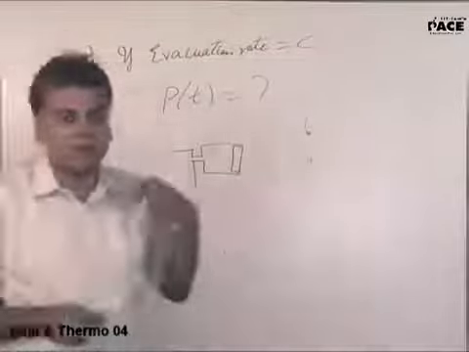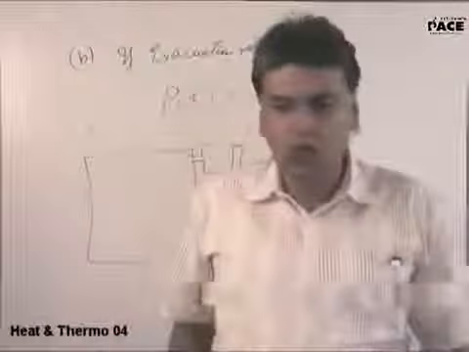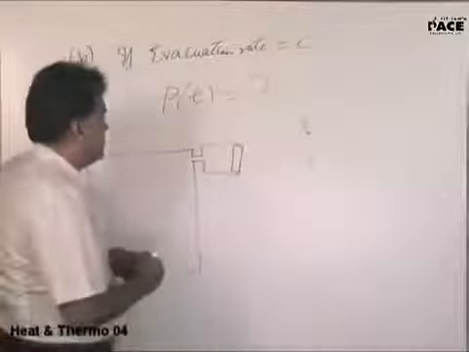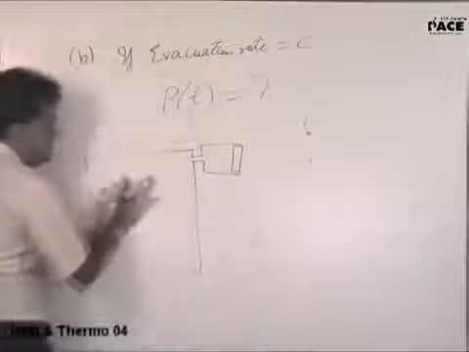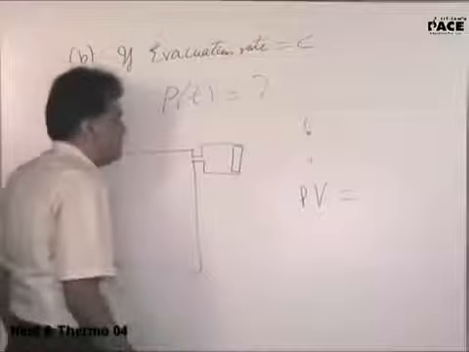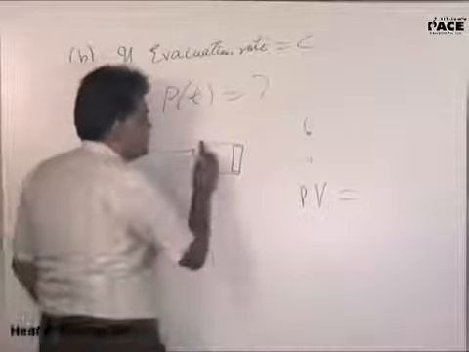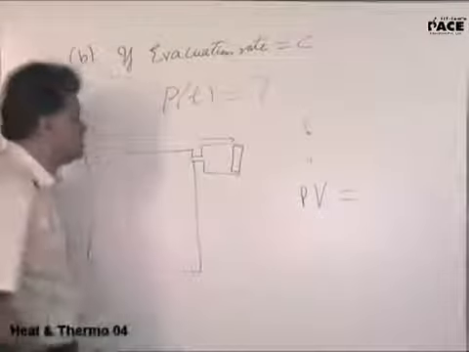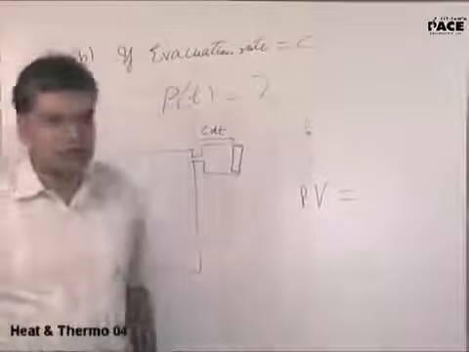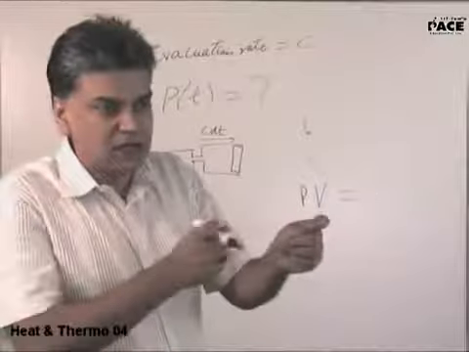Now there is some mechanism by which there is a continuous sucking of volume. So let us talk about a small time dt. Initially the pressure and volume are P into V. In a small time dt, this would occupy a certain volume which we'll call C dt, because C is the evacuation rate. So the volume taken in is C dt.